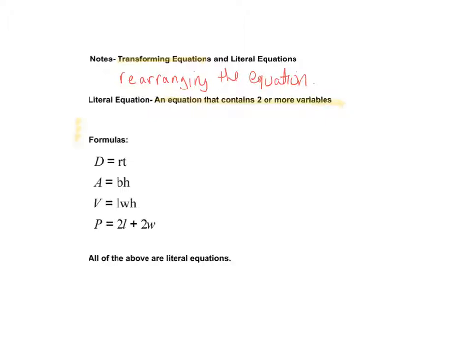For example, all of these formulas, which you should be pretty familiar with, are considered to be literal equations. D equals RT, rate times time equals distance, right? That's our distance formula. A equals BH, that's our area formula.